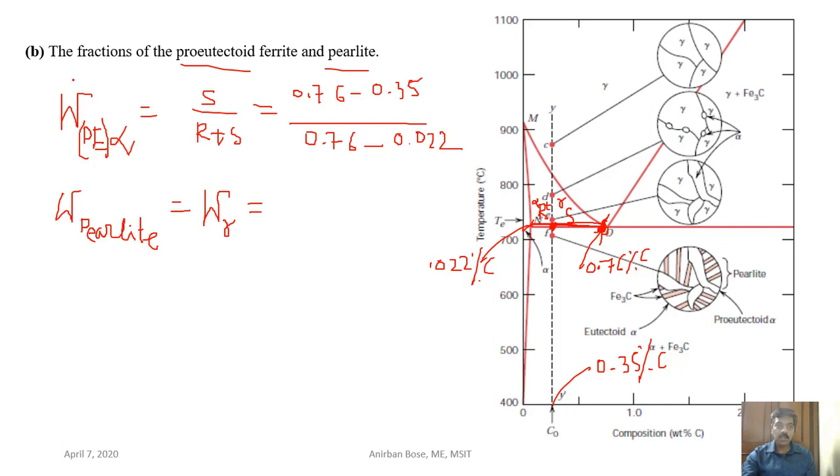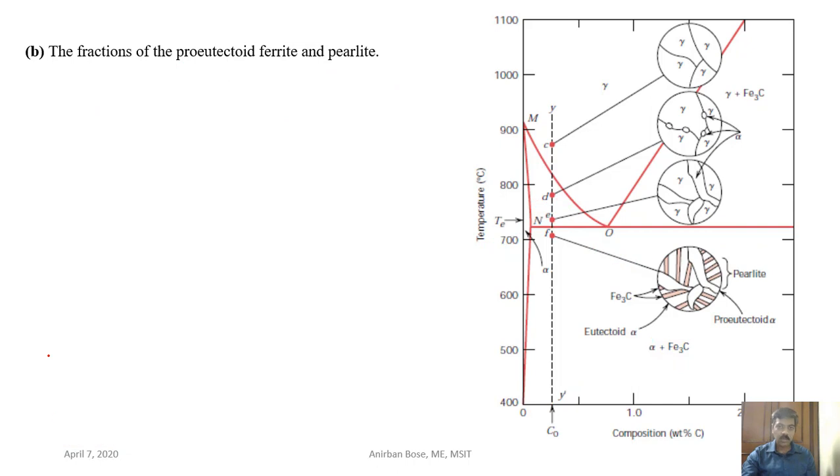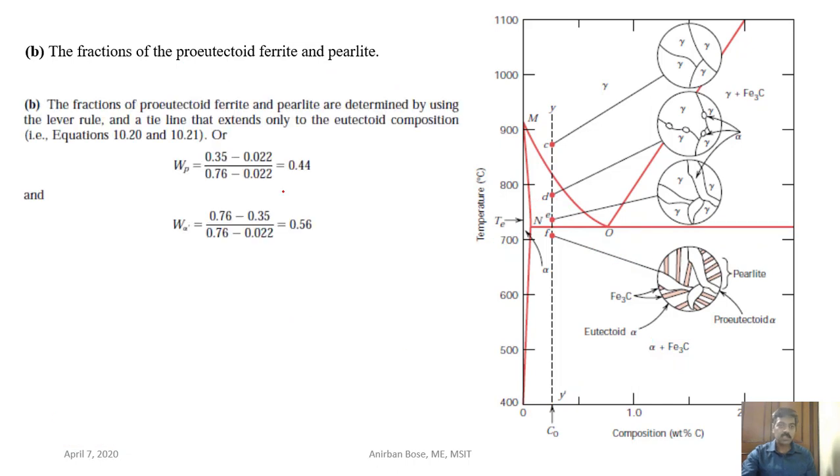That will be 1 minus pro-eutectoid alpha. So in this way we can find out these two. Here you can see their value. For the pro-eutectoid alpha, it will come 0.56, and for the pearlite or the austenite, you will get 44%, just 1 minus this. Clear?